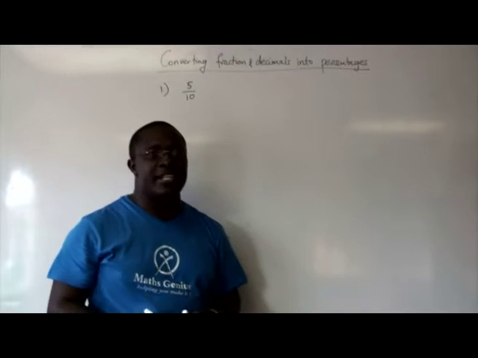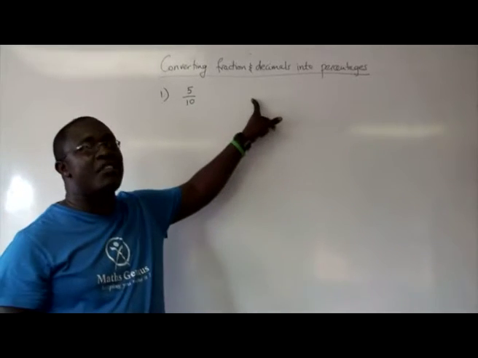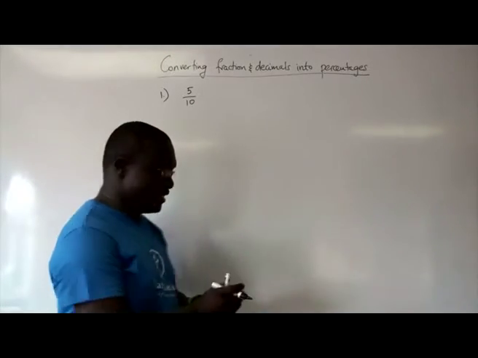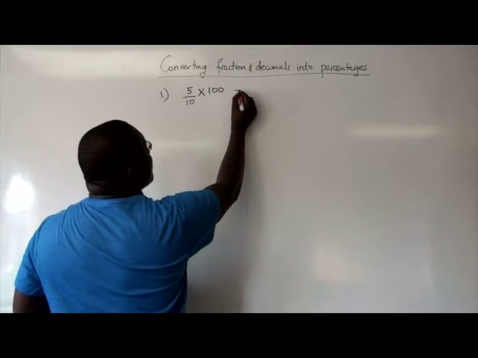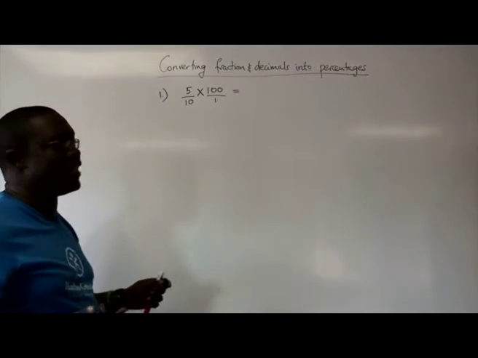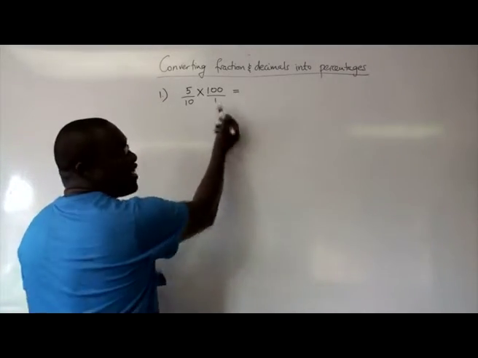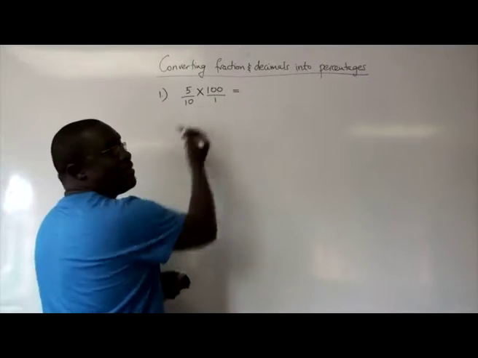What you simply do is you take your fraction and you multiply by 100 and you've got your percentage. So in this case it would be 5 over 10 times 100, and remember this is 100 over 1, it's the same thing, right? So multiplication of fractions is numerator times numerator, denominator times denominator.